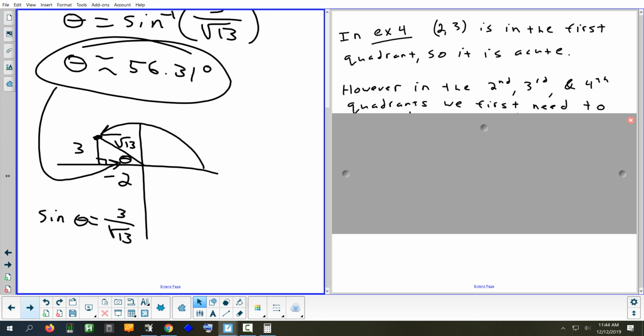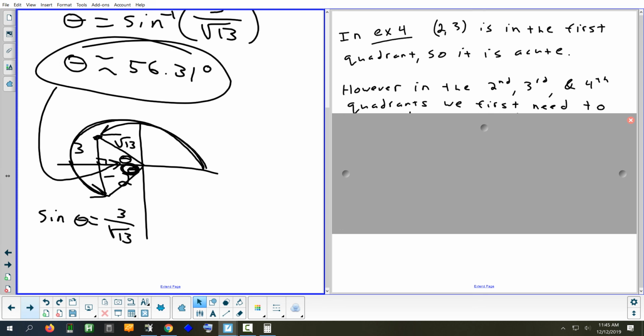So I'm going to give you a formula for what you do in each quadrant. In quadrant 2, you subtract it from 180. What if your angle was down here? What do you think you would do to find that? Well, you would add it to 180, because 180 would bring you halfway, and then that angle is going to bring you that much more.